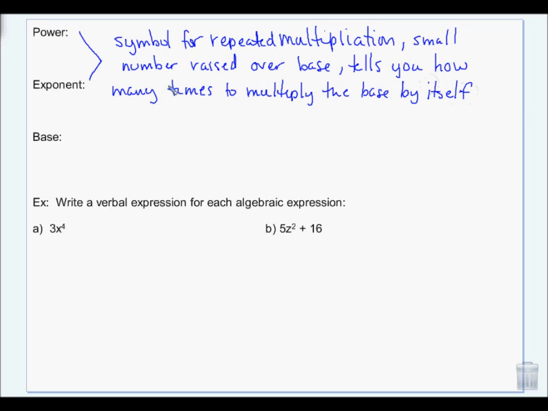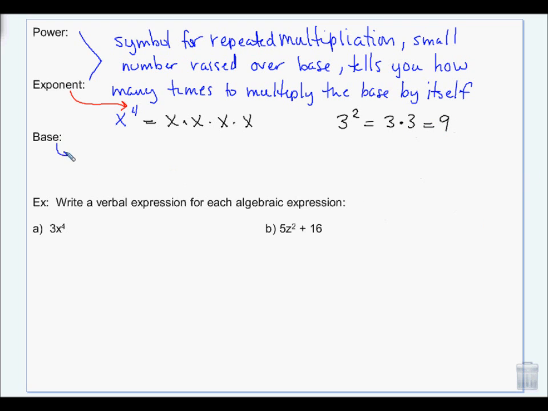Okay, so if you have, we'll just say x to the fourth. This is the exponent, and it can also be called a power, like the power of 4. And what that equals is 4 times that you multiply x together. Okay, so you don't say 4 times x, you say x times x times x times x. 3 squared, that's not 3 times 2, it's 3 times 3, so it's 9.